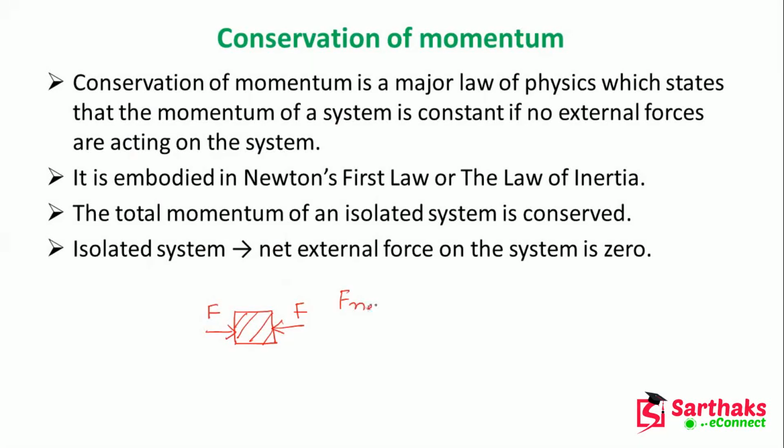That means the net force F net equals F minus F, that is 0. So this is called an isolated system. Net external force on the system is 0. Suppose I am applying force F here, and I am applying force F here also. At that time also your net external force on the system is 0.